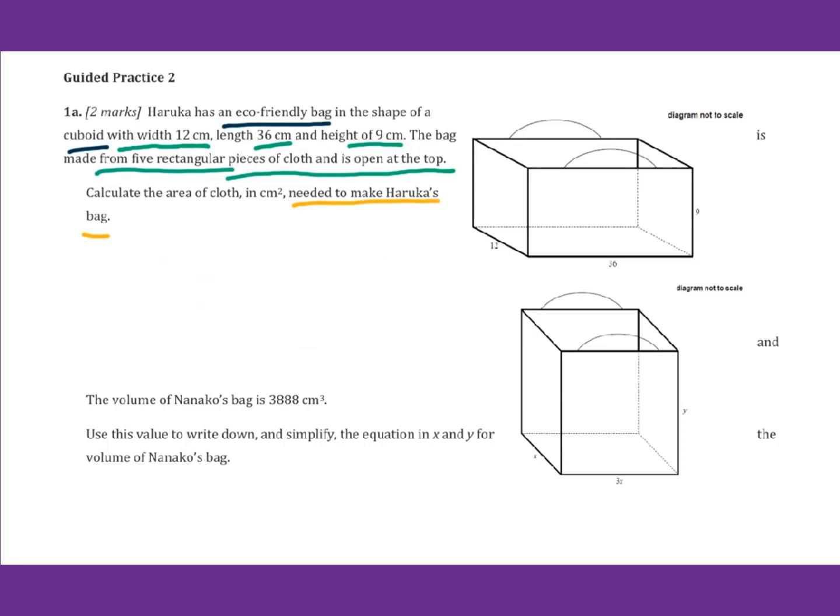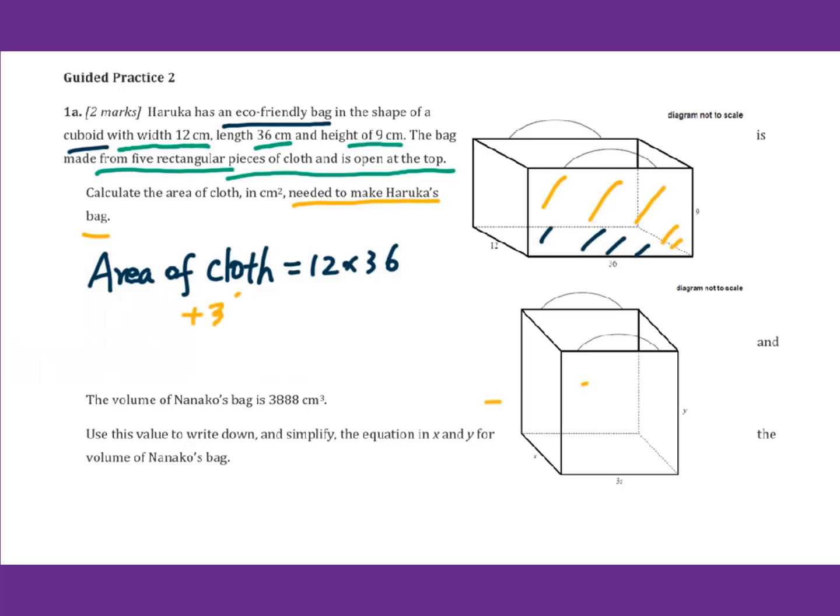So the area of the cloth equals, look at the bottom, we have 12 times 36. On the front side, that will be plus 36 times 9.